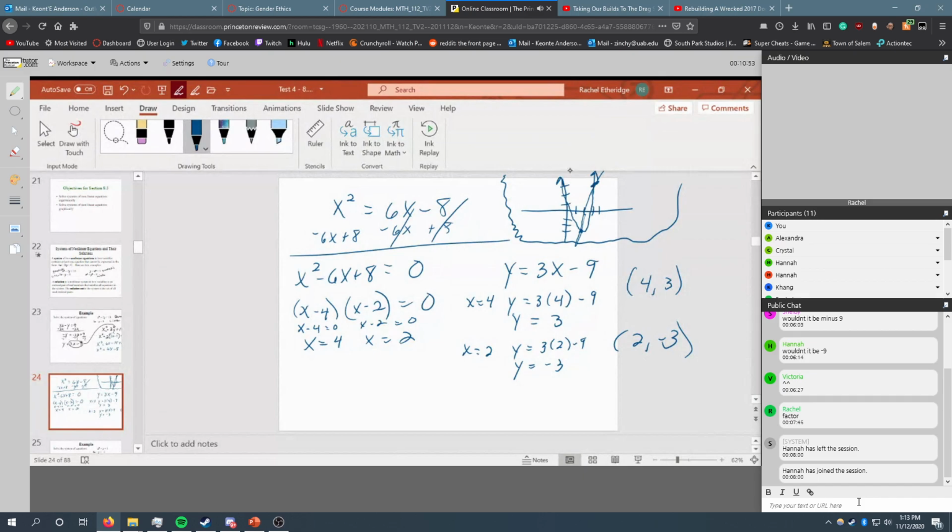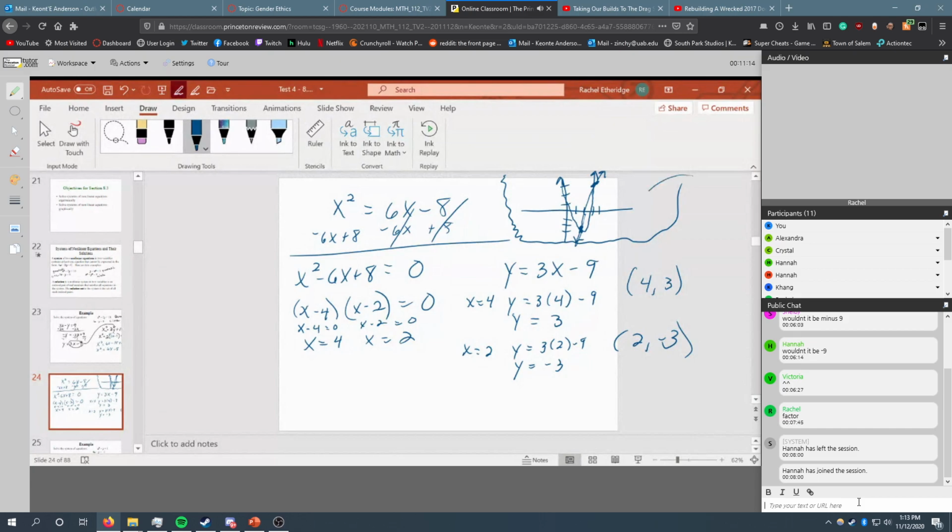Those are the 2 places where the line intersects the parabola. Now, you don't have to draw that on this problem, but at some point we might have to graph the parabola and the line in order to find the intersection points. But that's how you do it algebraically.